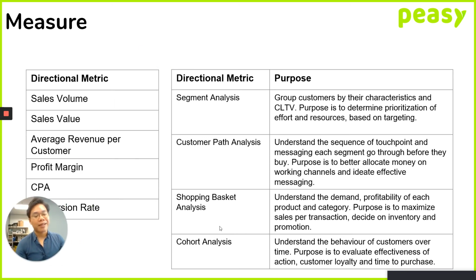Next is shopping basket analysis. Shopping basket analysis will try to understand what mixture of products would give you the maximum revenue per customer. For example, if we sell machine model A, pack it with espresso and latte flavor, we can get the person to buy more, right?